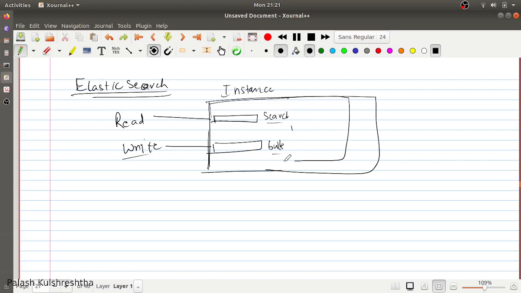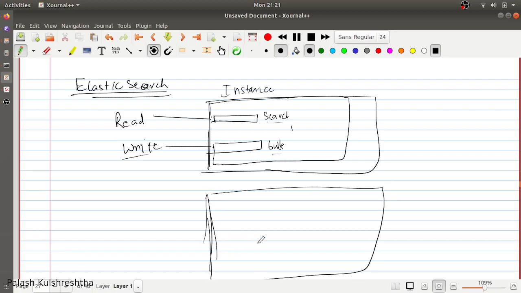These queues are basically internal to the Elasticsearch process. They are present in each of the instances. So if you have two instances, each of them is going to have a different search queue and bulk queue. And these requests are being queued as per the number of requests that are coming.